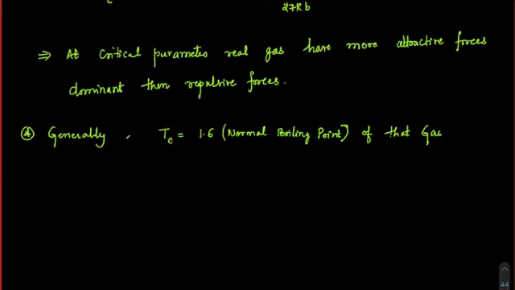Like that, you can check for carbon dioxide. For carbon dioxide, 31 degrees is the critical temperature. That means above 31 degrees, I can always call carbon dioxide a gas. We don't use the word vapor for it. Below that, it would have that vapor property, and we can just apply pressure to convert it into the respective liquid or solid. So I guess that is clear.